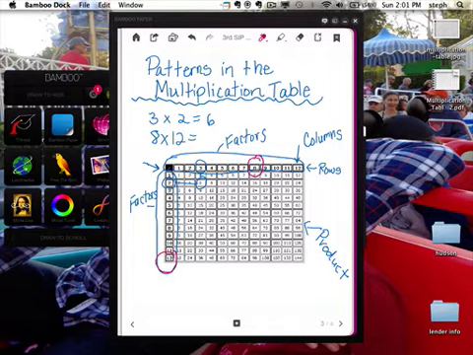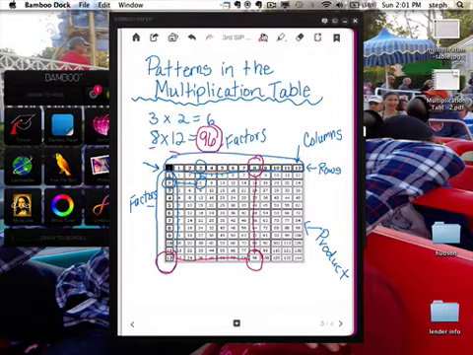Now I'm going to try to get underneath the 8, so I'm going across, and then I'm going down so I can meet up with my 12, and my product is 96. So your two factors are 8 and 12, and your product is 96.